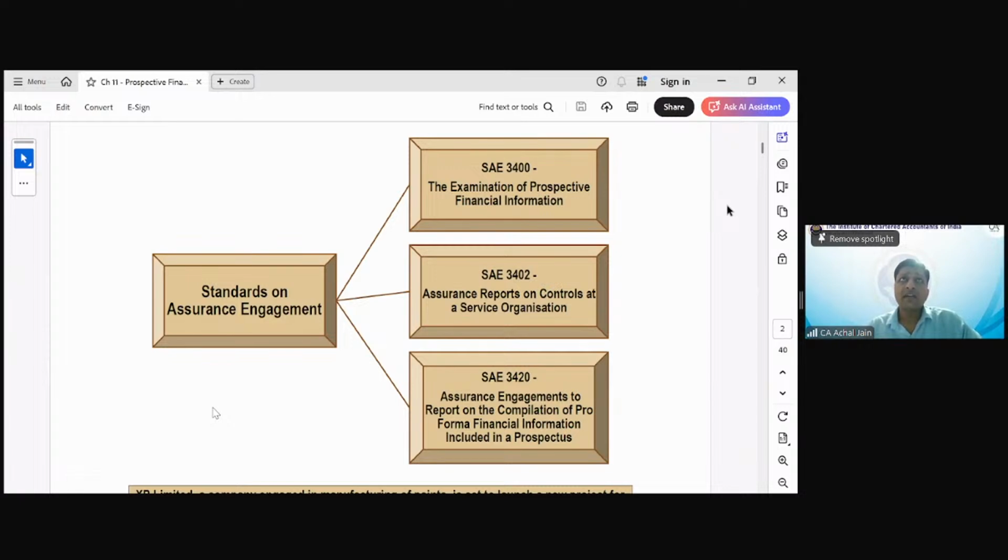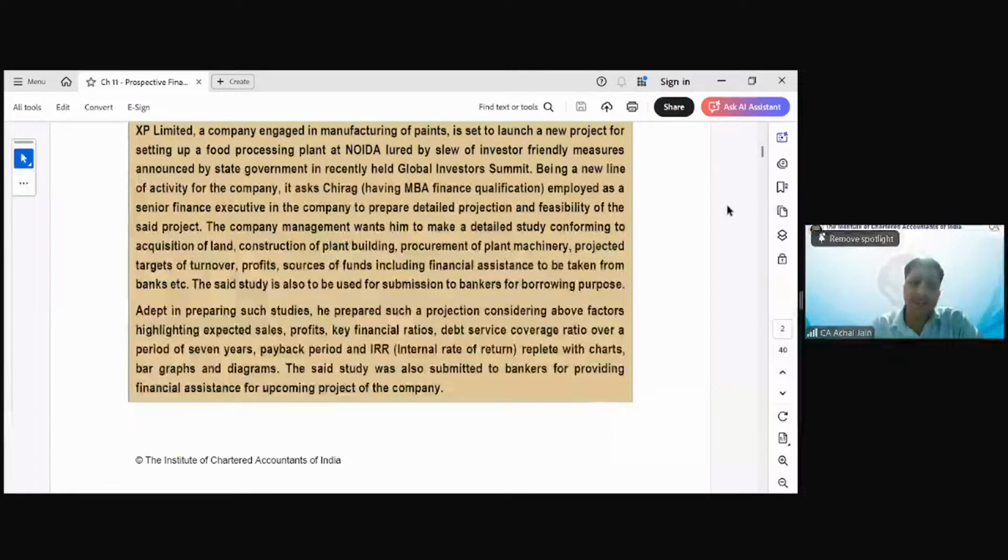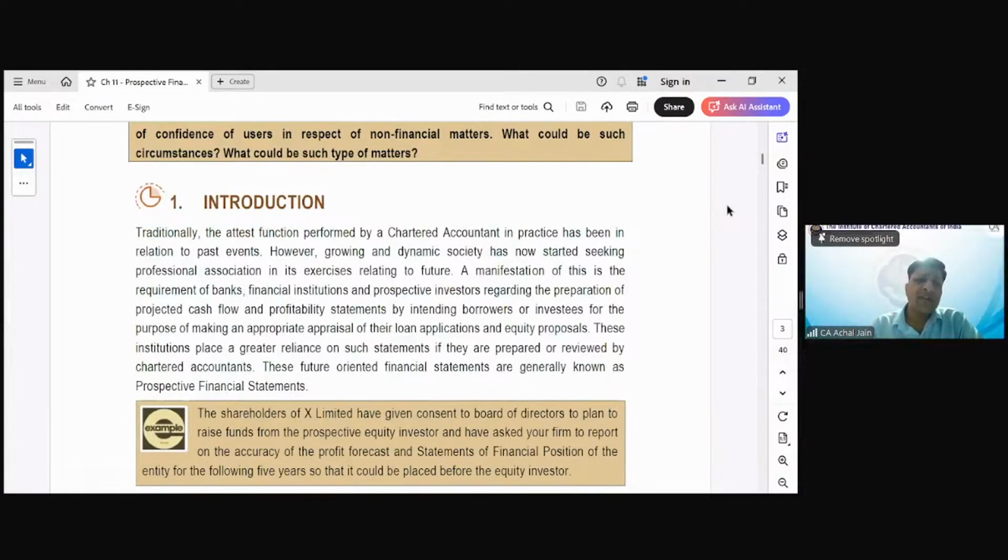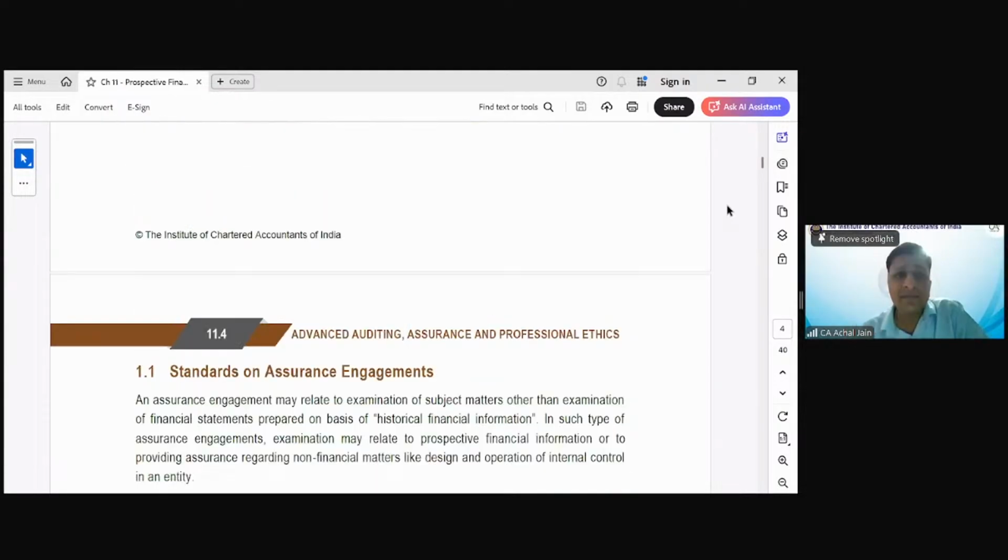The most important part for you to look into will be the understanding of what prospective financial information is, what we have in case of controls at a service organization, or what this pro forma financial information is. Yes or no? So let's quickly talk about prospective financial information. Can somebody explain what prospective financial information is? Over to you.